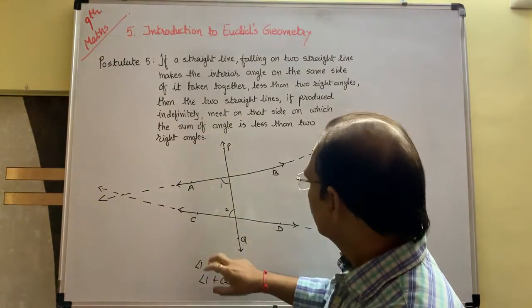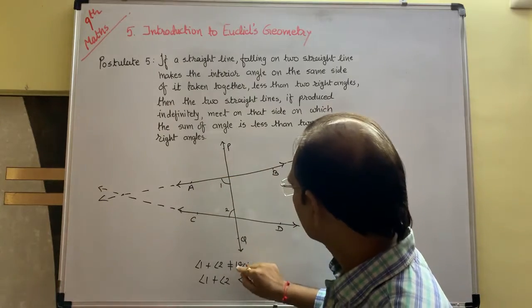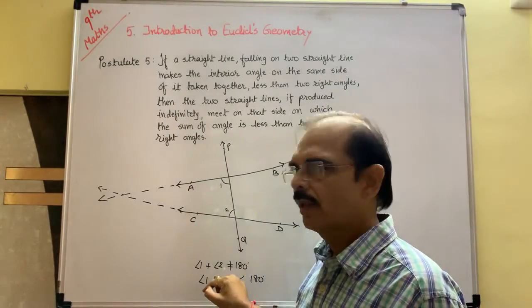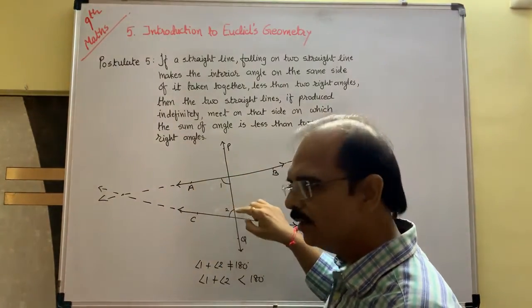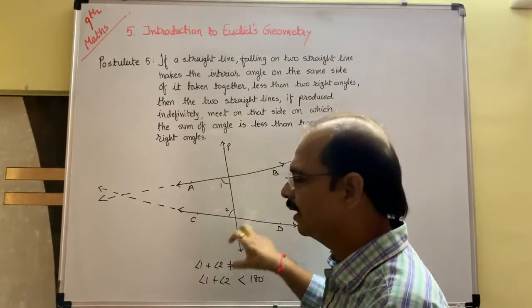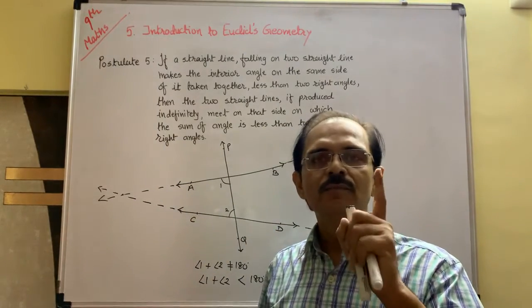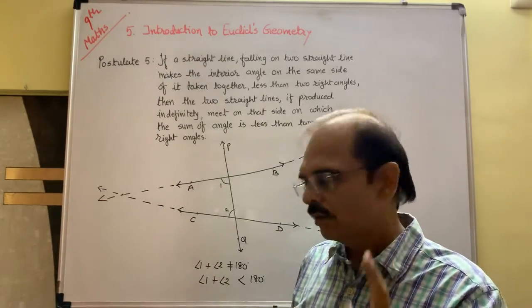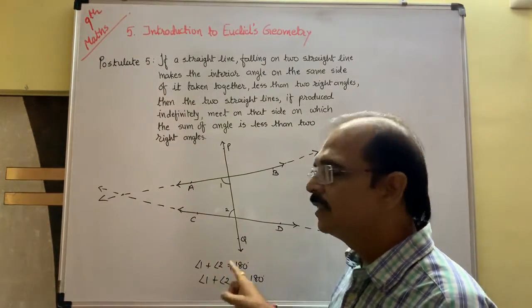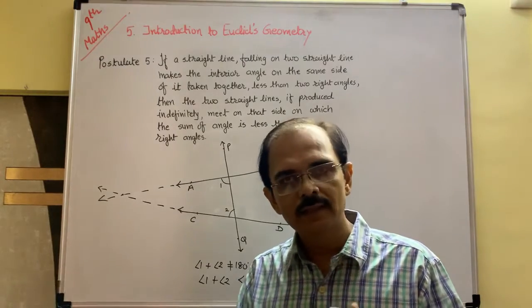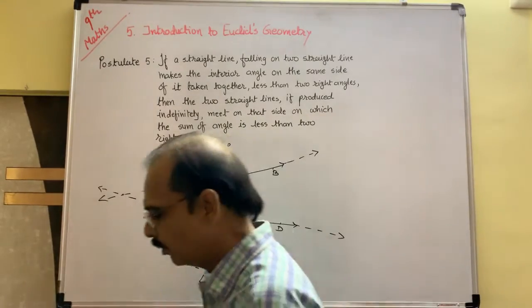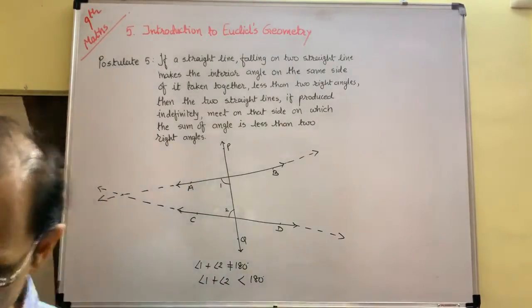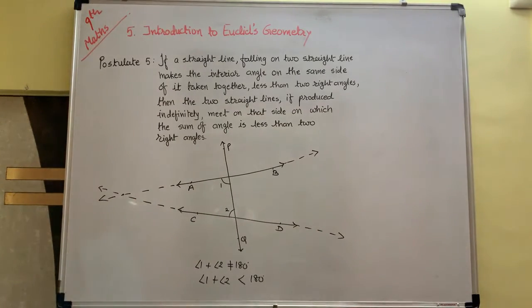It means if angle 1 plus angle 2 is exactly 180, then these two straight lines do not intersect. Means the two straight lines are parallel to each other, only when 1 plus 2 is equal to 180. Is that clear? This is the concept of postulate number 5. So try to understand it.